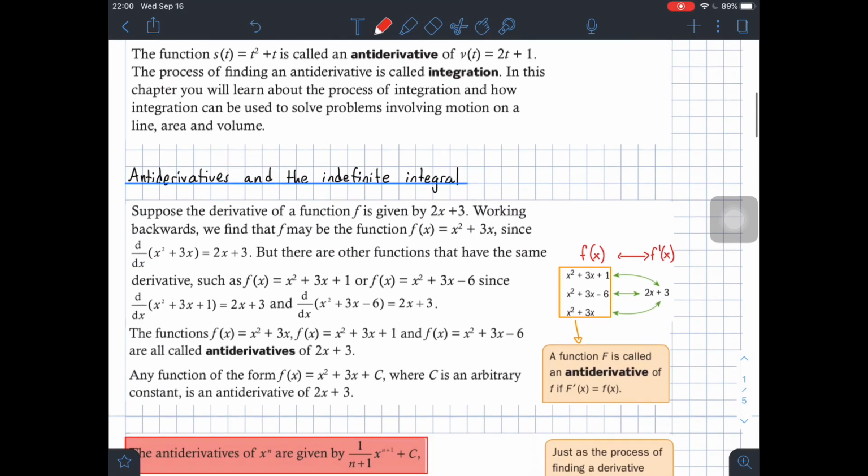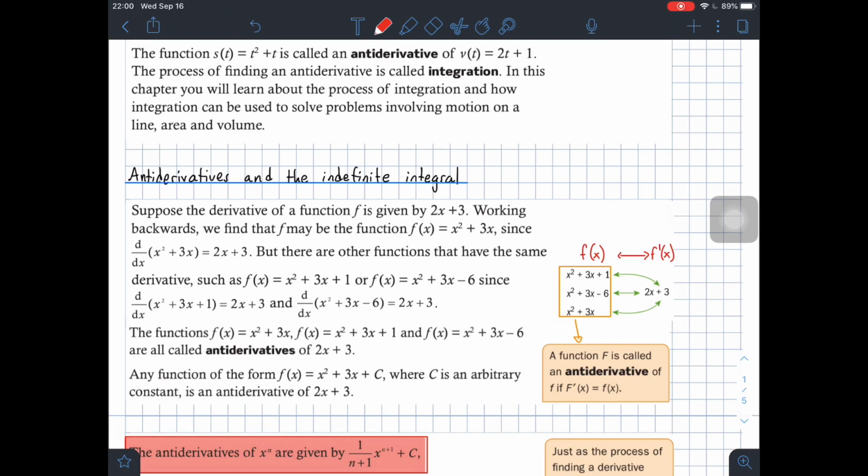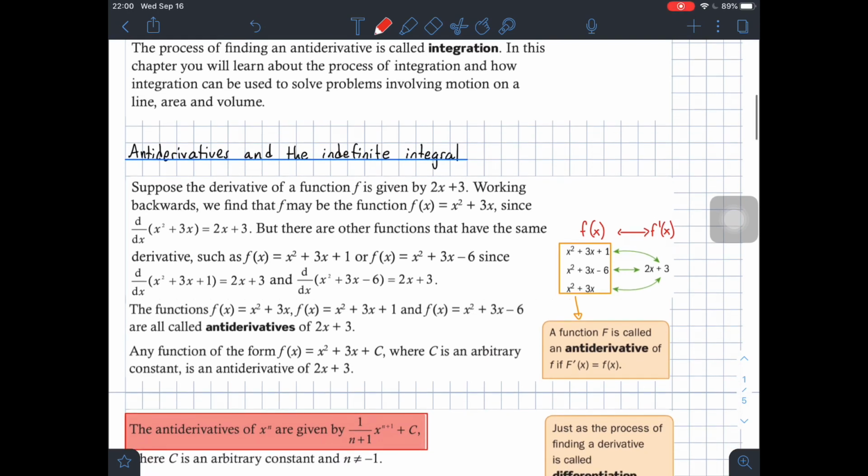Okay, then it says antiderivatives and the indefinite integral. Suppose that the derivative of a function f is given by 2x plus 3. Working backwards, we find that f may be the function f of x equals x squared plus 3x, right? If I find the derivative of this, we're going to get 2x plus 3, which is exactly this expression over here.